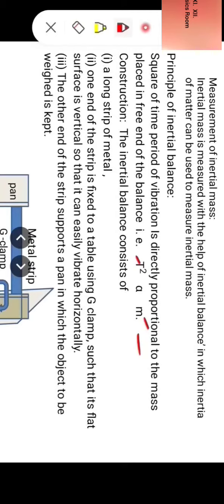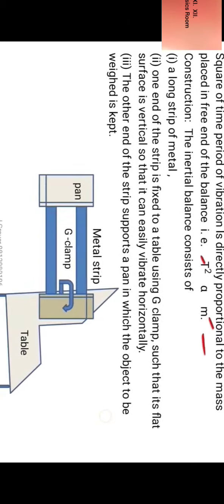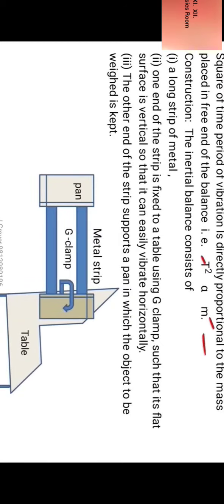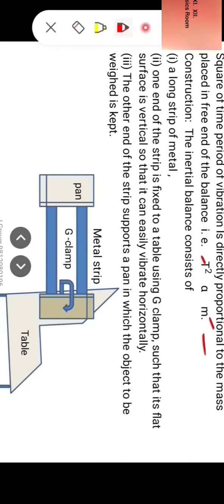Now, what is the construction of the inertial balance? Look at the diagram. Number 1, it consists of a long strip of metal.